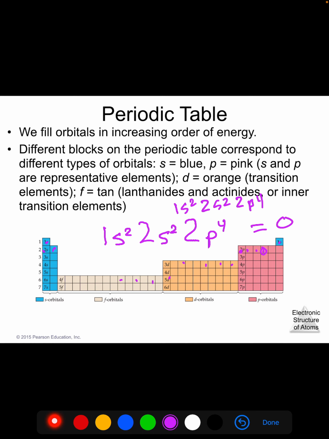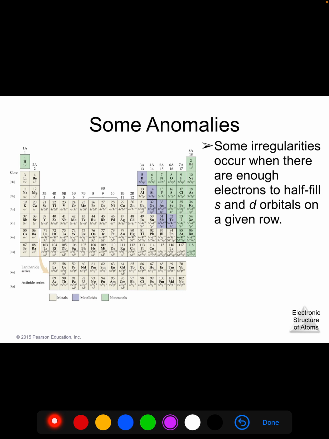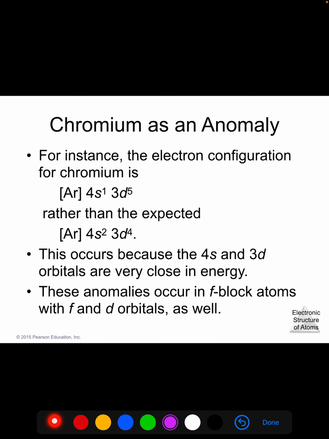And these d shells, the d orbitals, correspond to the transition metals. These down here, the actinides and lanthanides, tend to be below the table, because if we draw our table this way, it would be too big. Okay? There are some anomalies. We always like to talk about chromium and, what's the other one?